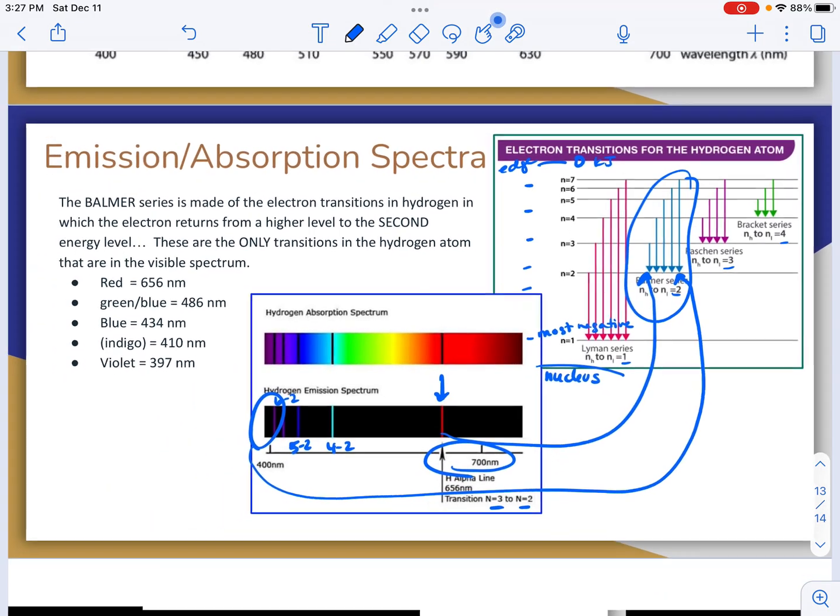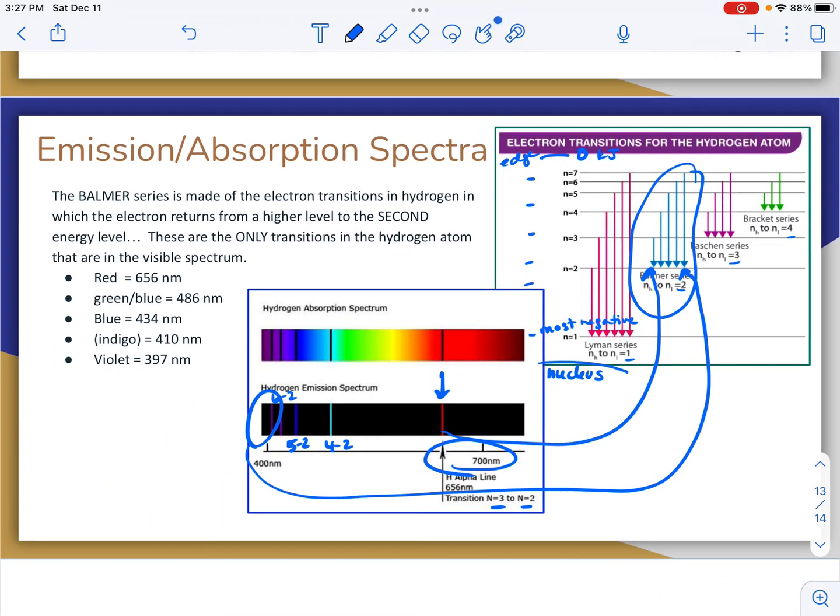And we could assign wavelengths based on what we have there. And so someone has done this for us, and I wrote them for you here. Please remember that this would be the amount of energy emitted when the atom returns to ground state. So the emission spectrum comes from the emission when the electron returns to ground state, or the lowest energy state possible.